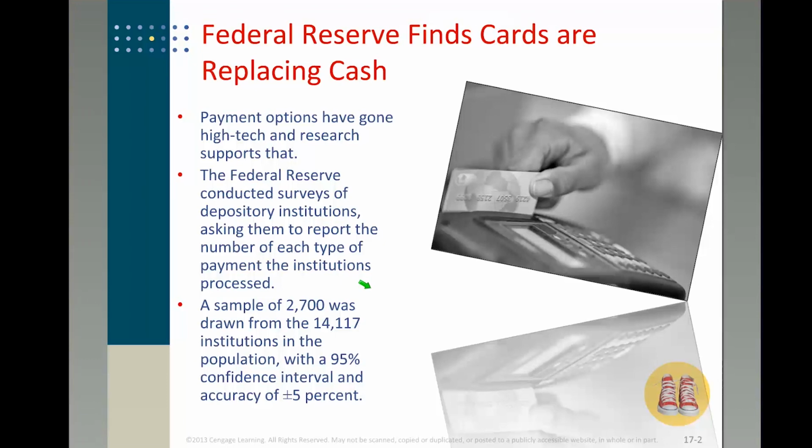Based on the techniques that we will learn in this chapter, the Federal Reserve determines that they will need to sample 2,700 institutions in order to obtain a result with which they are 95% confident. That is, they are 95% confident that the result they obtained is good enough to reflect the whole population.